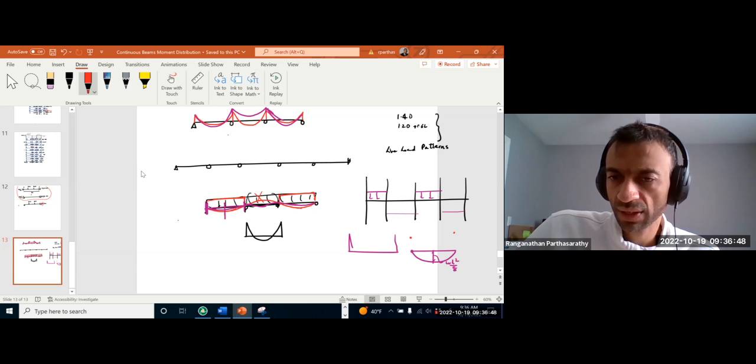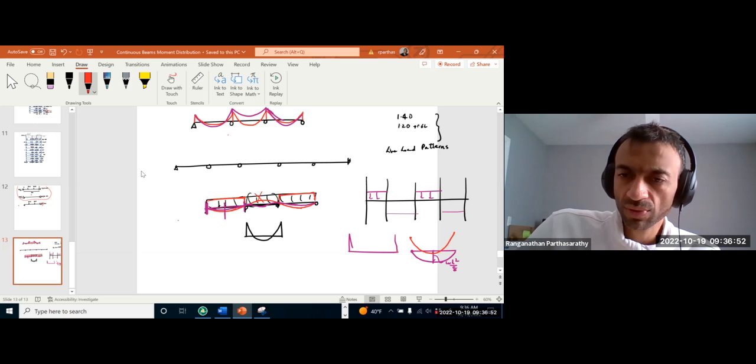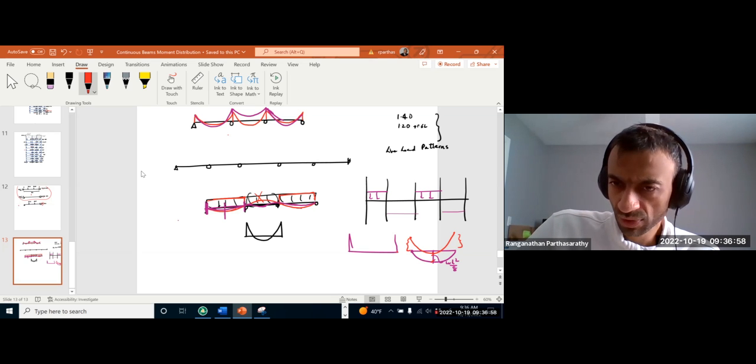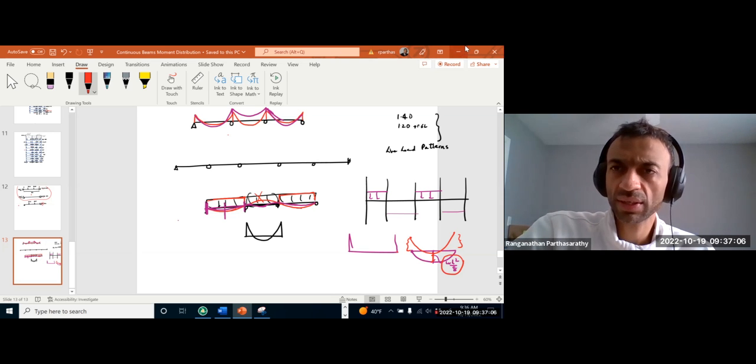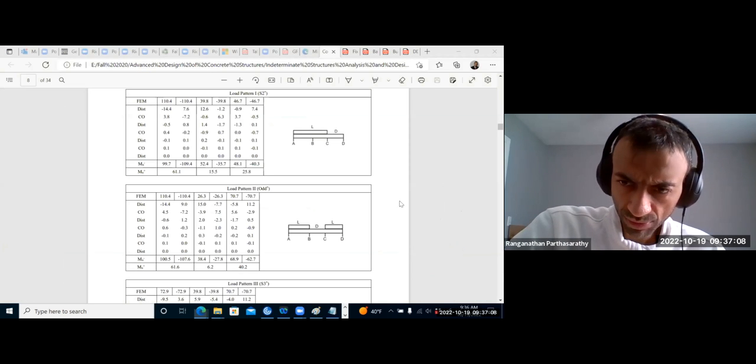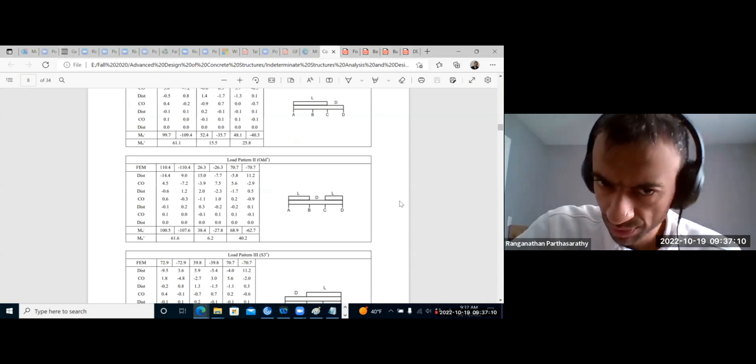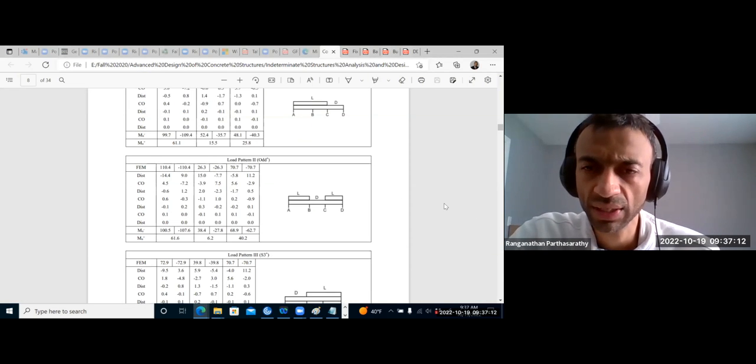So this curve will now just get moved like that. What is this lift in the center? It's the average lift of these two. So you have to subtract that much from WL square by 8 to get the midspan. Hopefully this is clear to you. That's what they are doing.